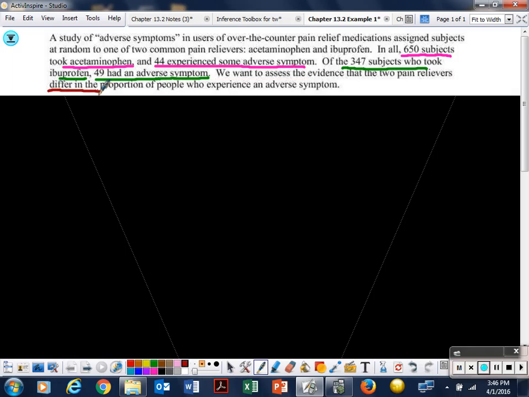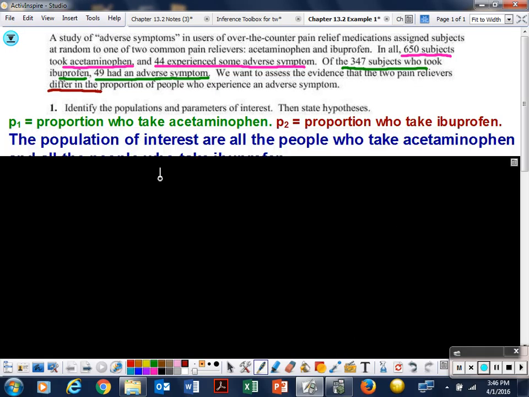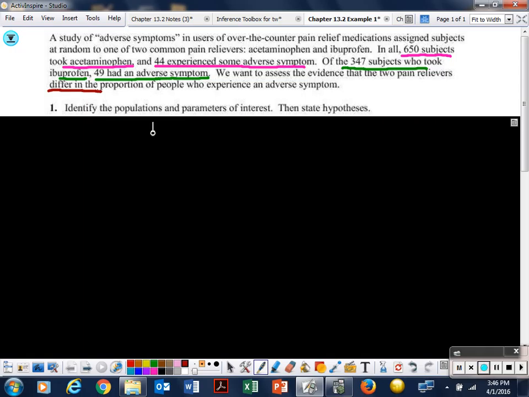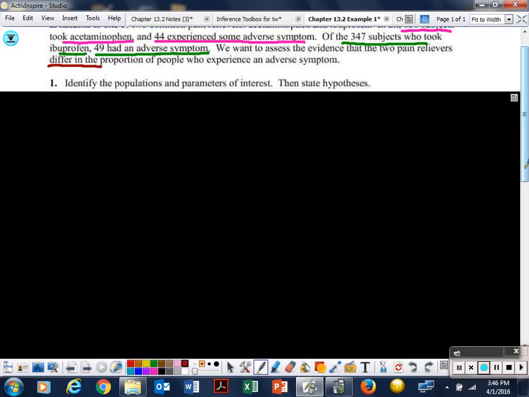All right, so following the inference toolbox, the first thing we want to do is identify the population and parameter of interest. Okay? So, again, as we're going through this, if you wish to pause it, write it down, see if it matches or is pretty close to what I have.